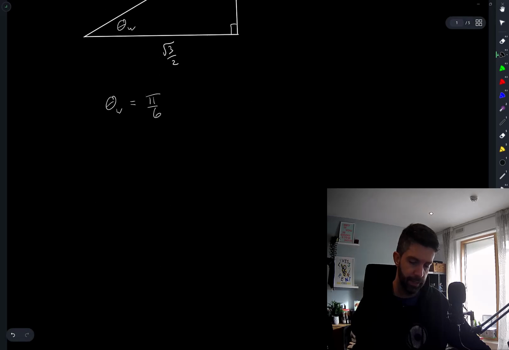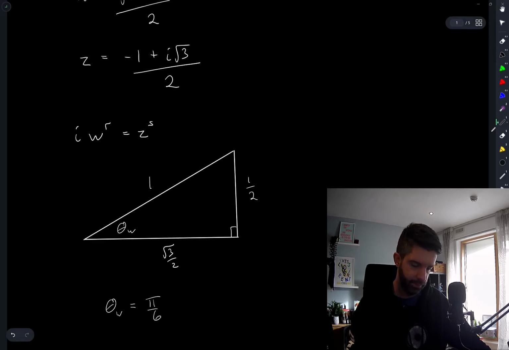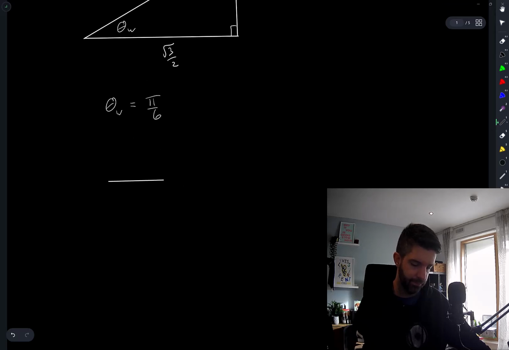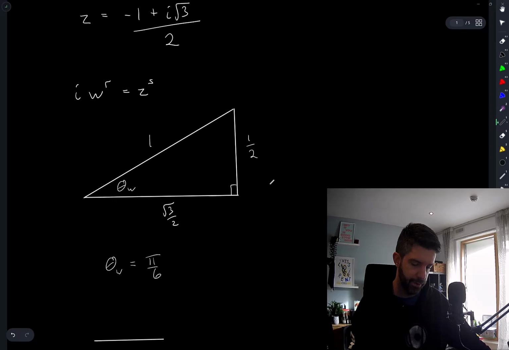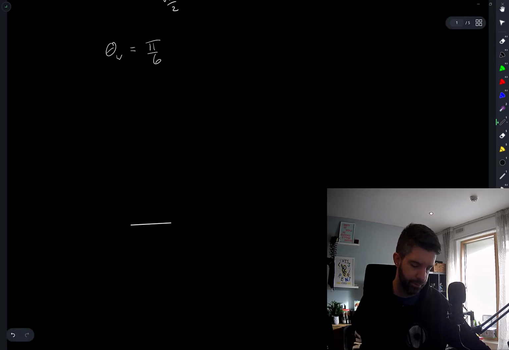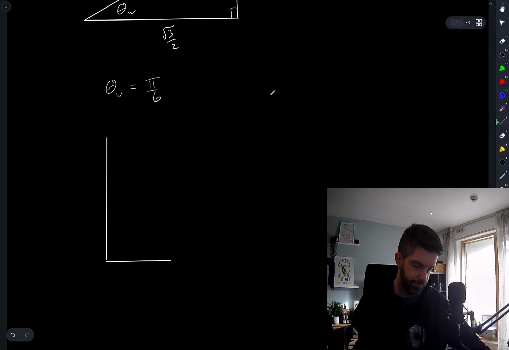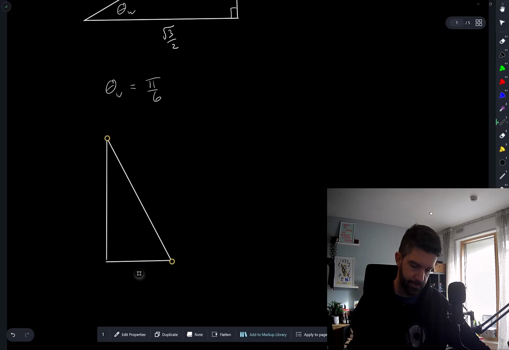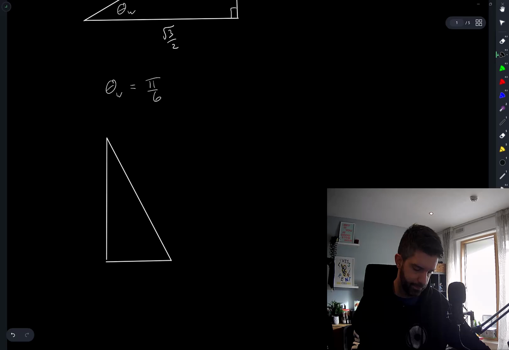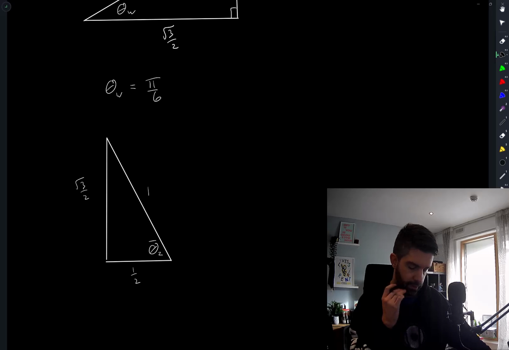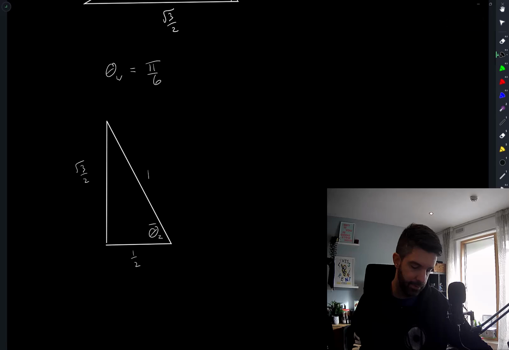Okay, let's do the same thing for z. z has a real part of -1/2, imaginary part of root 3 over 2. So again, the modulus is 1. We'll call this theta bar z because it's not exactly the angle we're looking for, but theta bar z is pi over 3.